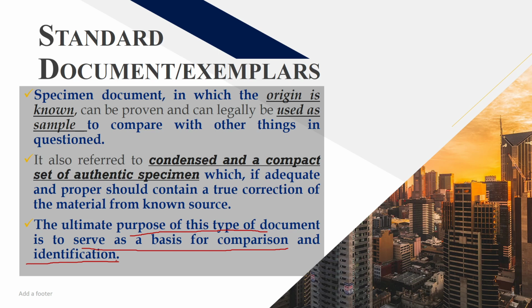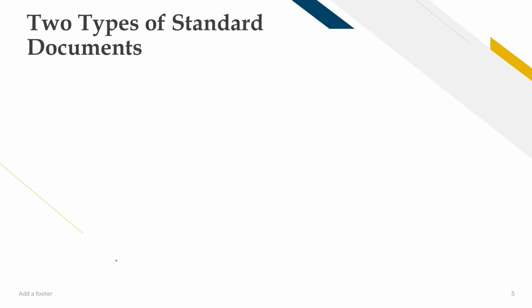Okay? So, what are the two types of standard? So, ano ba yung dalawang uri ng standard? So, meron ho tayong dalawang uri ng standard na ginagamit upang ikumpara, no? So that we can use it to compare to the matter in question. Ano po ba yung dalawang uri ng dokumentong yan?